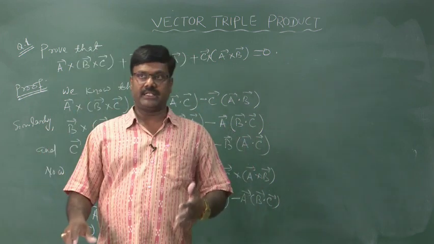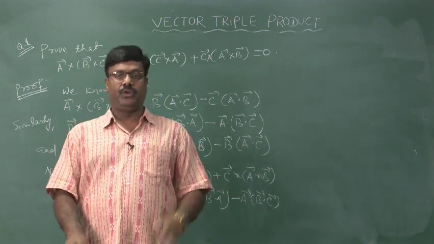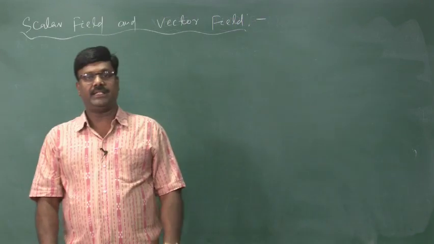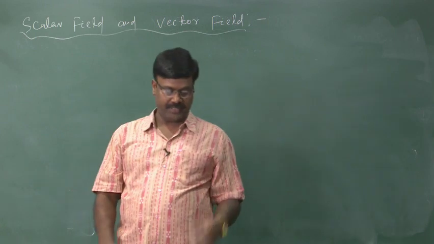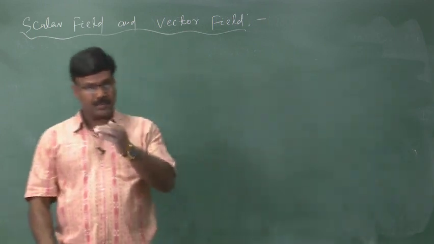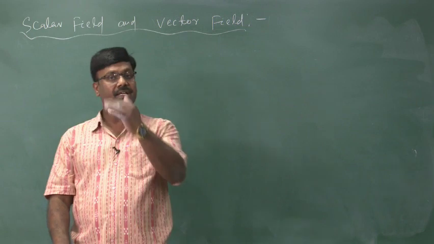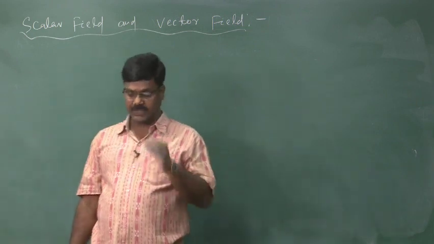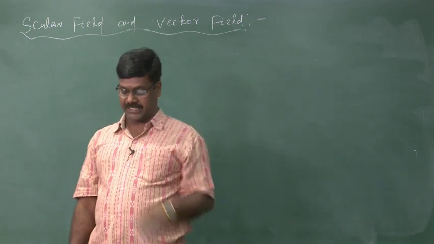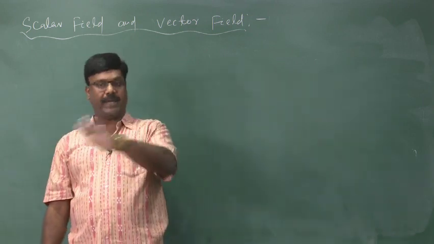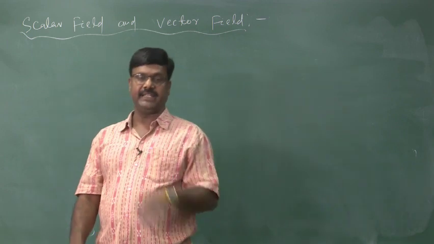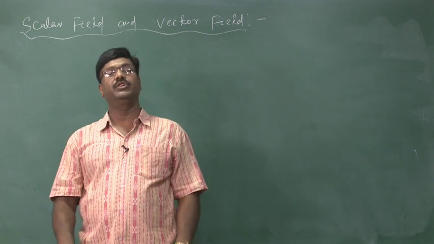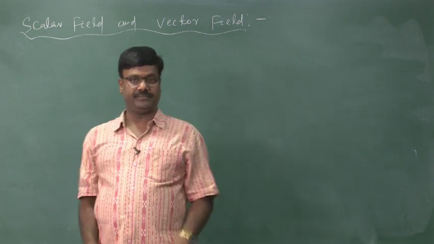Now let us discuss what is a scalar field and what is a vector field. Let us first know what is a field scalar. If a scalar is a continuous function of position or coordinates in a region of space, then the scalar is called a field scalar, and the region is known as scalar field.